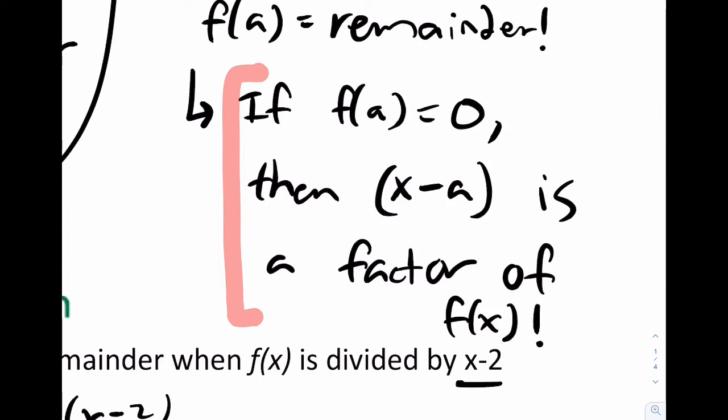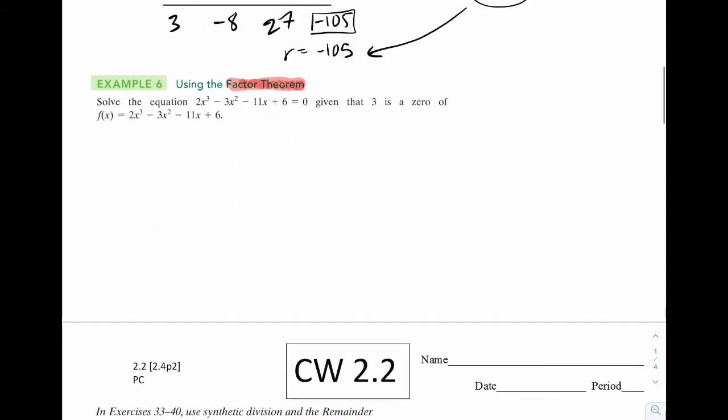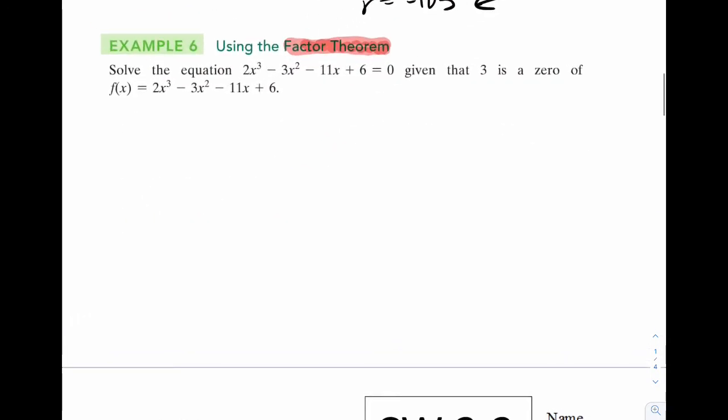So again, that's all it means. If you plug something in and you get 0, then you found a factor. So let's show you what that means. It's saying solve the equation right here, given that 3 is a 0. So let's highlight that. 3 is a 0. So if 3 is a 0, what that means is f of 3 is equal to 0.